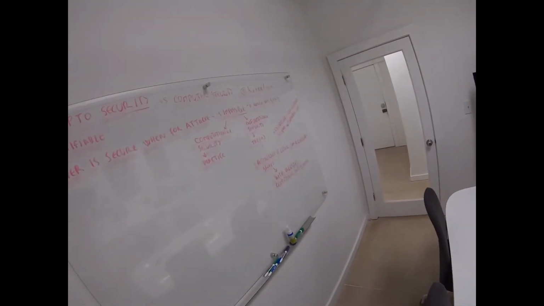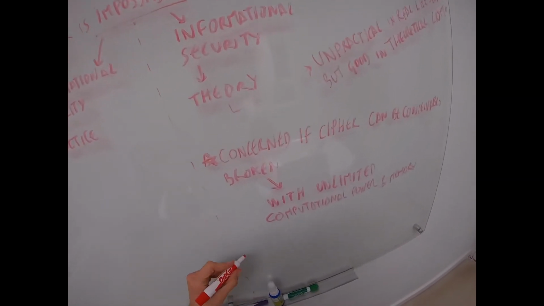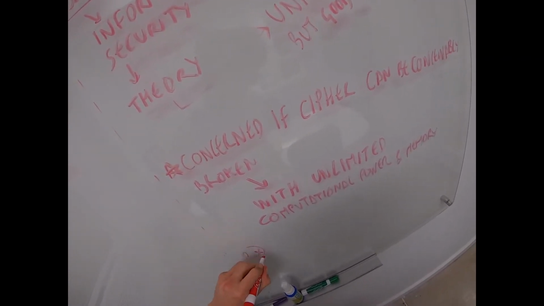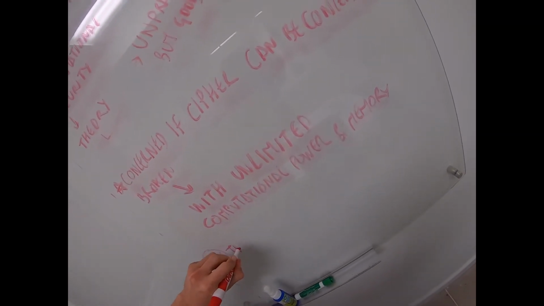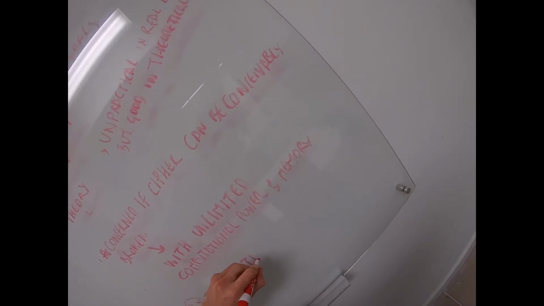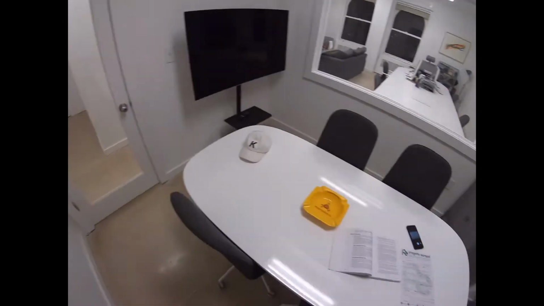One example of a cipher that according to information security is safe is the one-time pad. So we make a little example section here. The one-time pad. Right? Here you need to follow the notes a little bit.